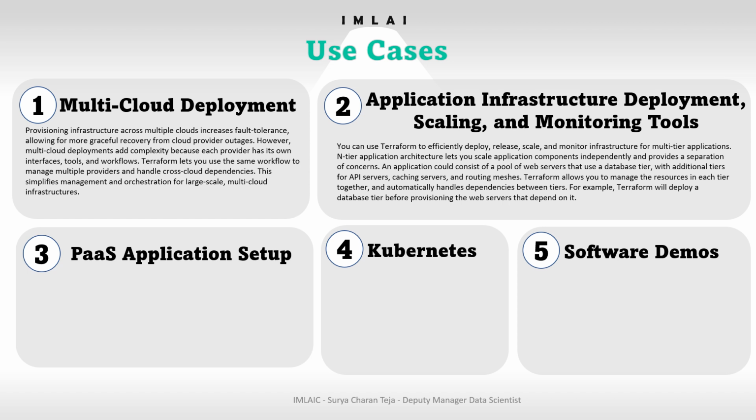Terraform allows you to manage the resources in each tier together and automatically handles dependencies between tiers. Let's take one example to get a clear picture of what I'm talking about. For example, Terraform will deploy a database tier before provisioning the web servers that depend on it. This is the best example to reflect what I was saying thus far.